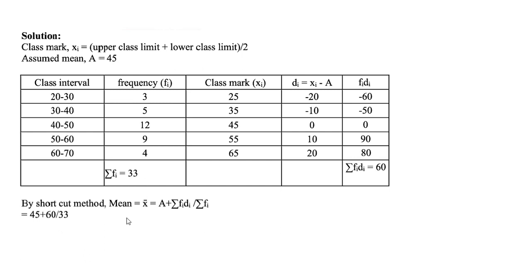After that, using the shortcut method that we have done previously, x bar equals a plus summation fidi divided by summation fi. Here a means the assumed mean, 45, plus, here we are not using h, that is why we are not taking h. Summation fidi of minus 60 divided by summation fi, that means 33.